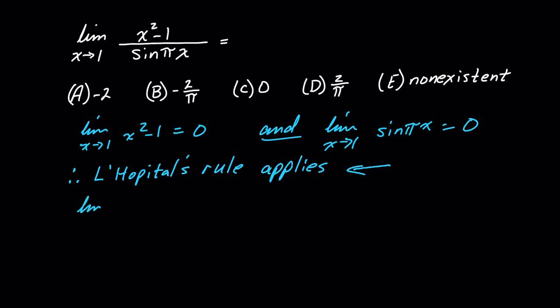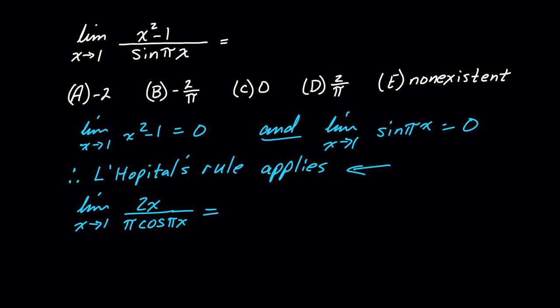All right, so the limit as x approaches 1 of the derivative of the numerator, which would be 2x, over the derivative of the denominator, which would be pi times the cosine of pi x. This pi right here is because of the chain rule.